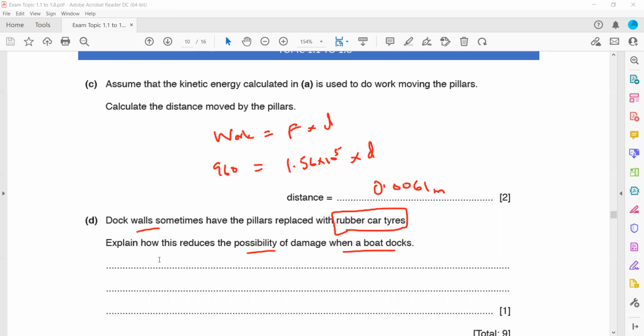What is the effect of the rubber? The rubber is an elastic material. It's only 1 mark.